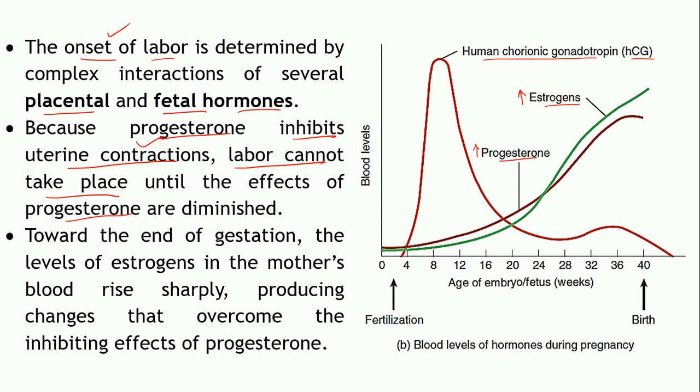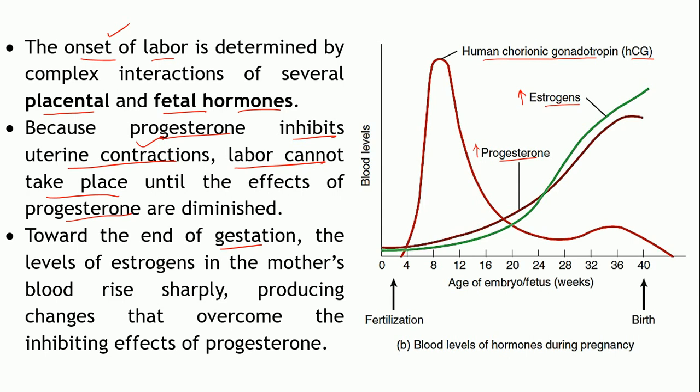Now towards the end of gestation, somewhere between 36 to 40 weeks, the level of estrogen rises sharply towards the completion of the 9 months, and progesterone levels are declining.